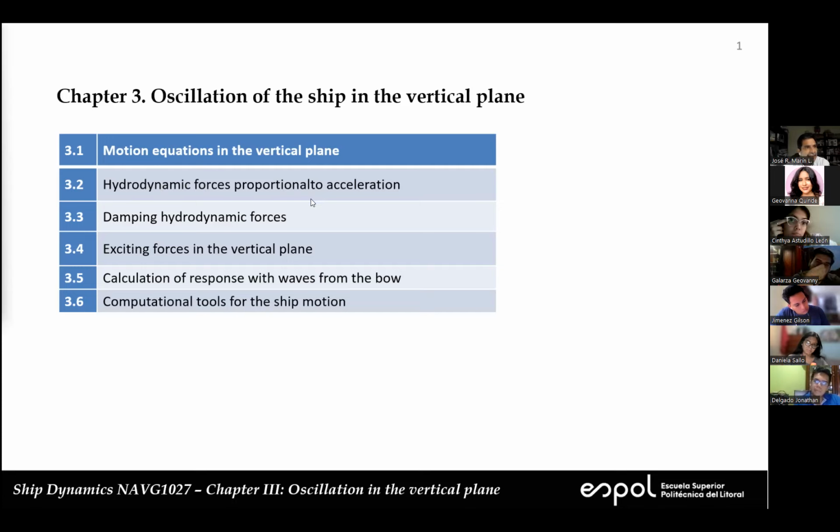What do we mean by this, Ms. Astudillo? Hydrodynamic forces proportional to acceleration. What terms come to your mind when you listen to this? The dynamic force, proportional to acceleration. What comes to your mind immediately?